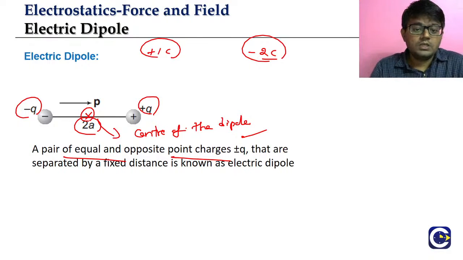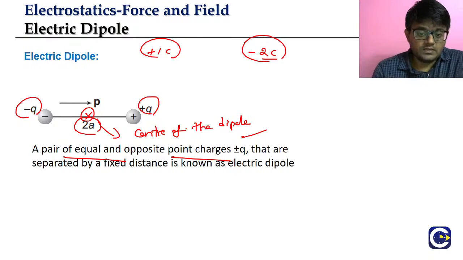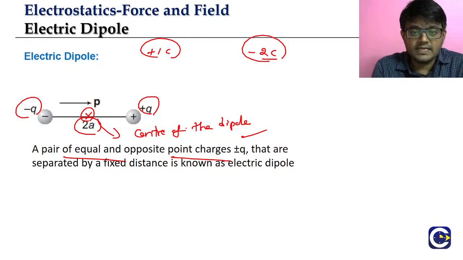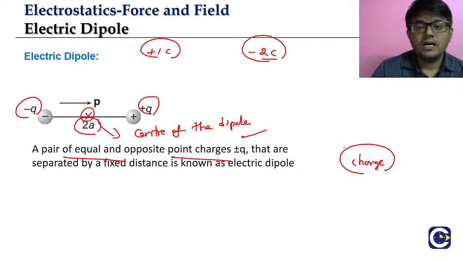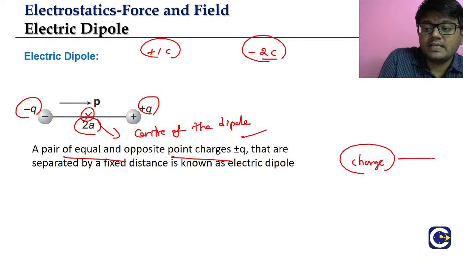So this electric dipole, after some time we will study it. What does the study mean? Let's say there is a single charge. What have we studied? We have seen the electric field produced by the charge.